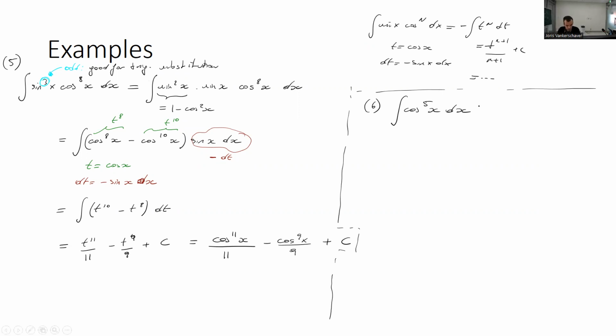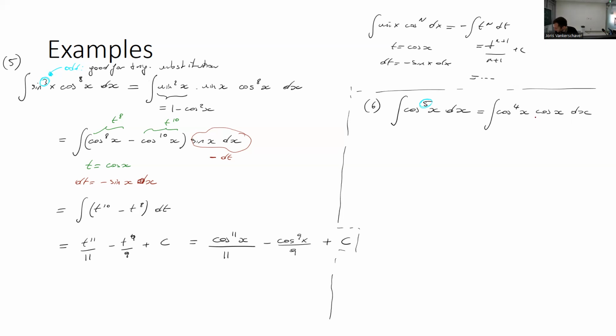And so again, notice how you have an odd power here. So that allows you to write the integral as cosine to the power 4 times another cosine dx. And that cosine x dx, I'm going to leave aside. I'm not going to touch that.